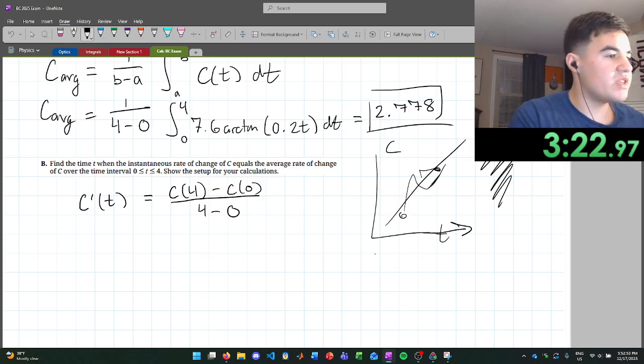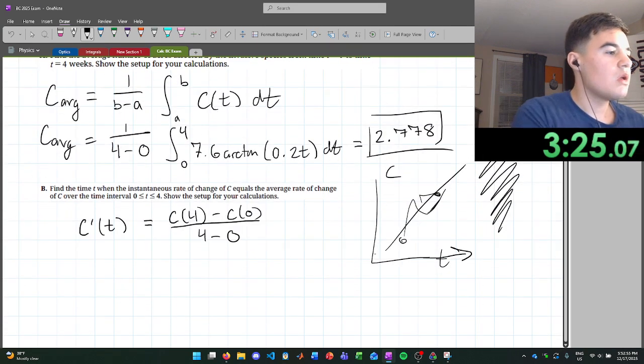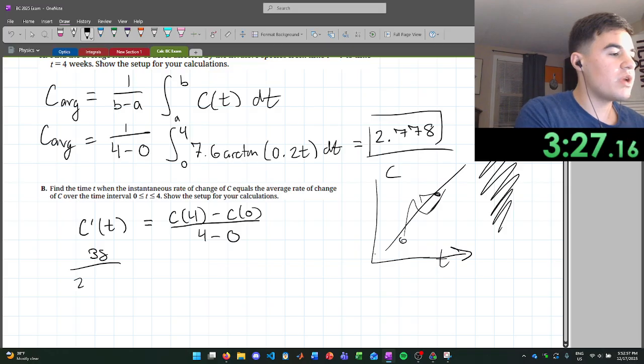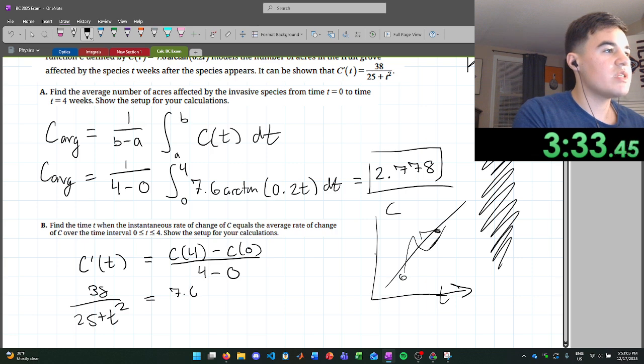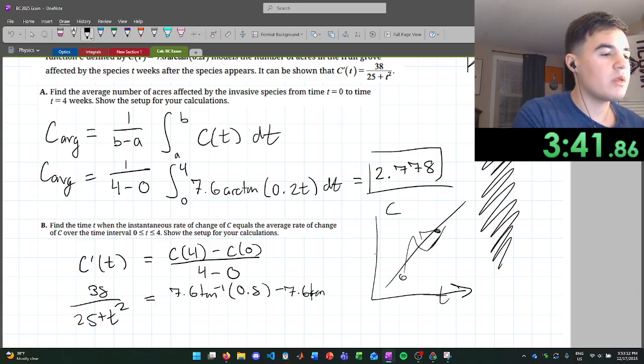Okay, so c prime of t is 38 over 25 plus t squared. That's going to equal c of 4, which is 7.6 tan minus 1 of 0.8, minus 7.6 arctan of 0, over 4.